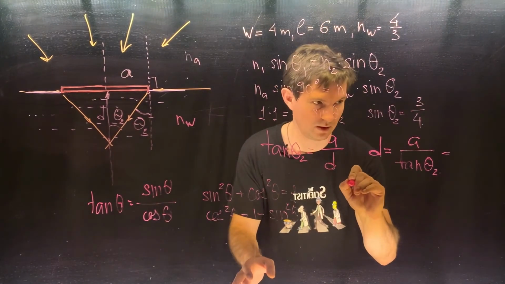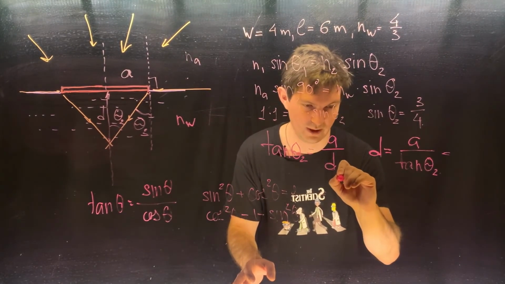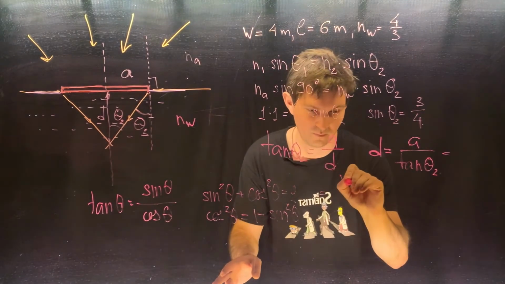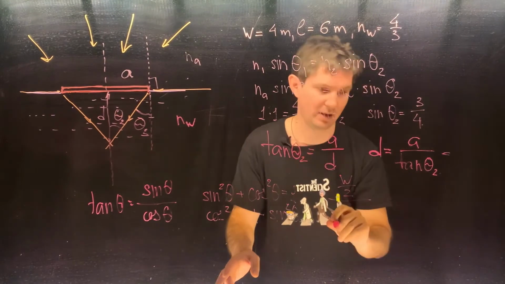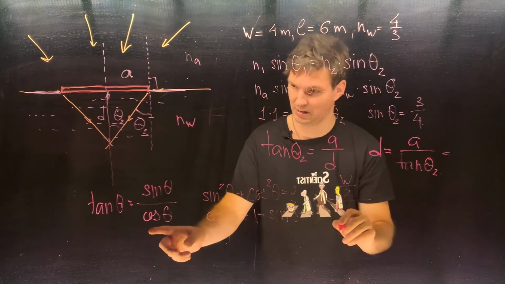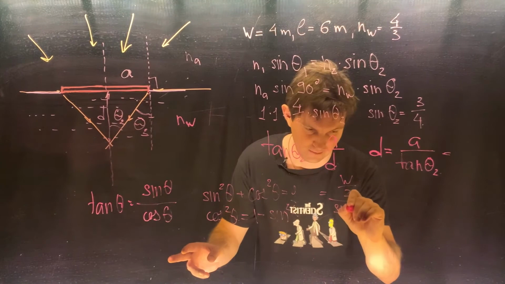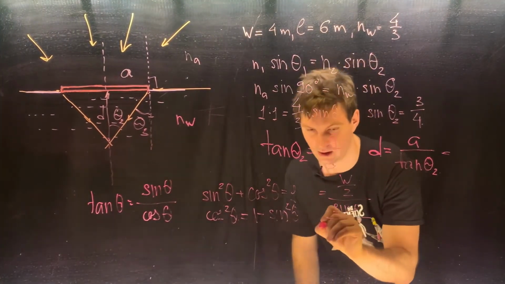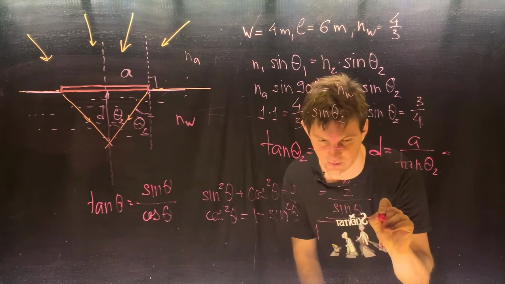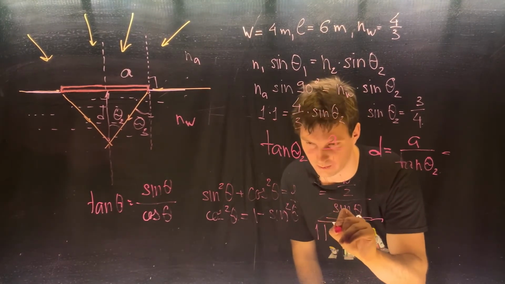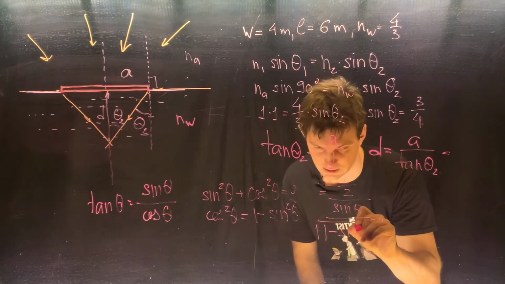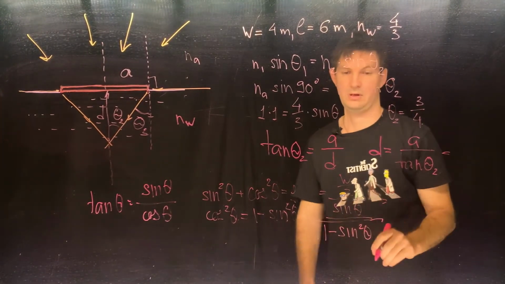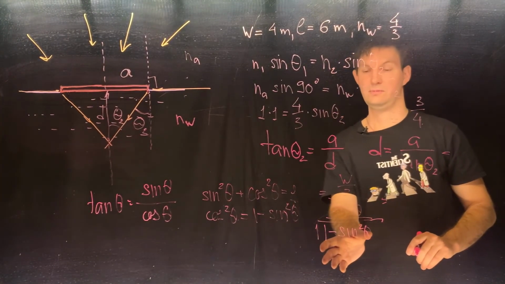Here A is half of the width, divided by tangent, which is sine theta divided by cosine. Cosine is the square root of 1 minus the square of the sine of theta.